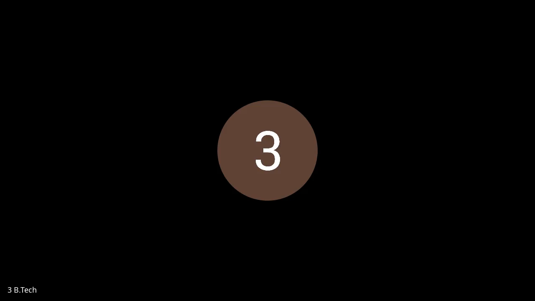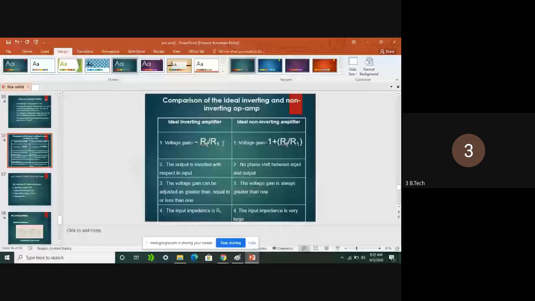The voltage gain of an ideal non-inverting amplifier is 1 plus Rf by R1. This is how the inverting and non-inverting amplifiers work. Is that clear, all of you?